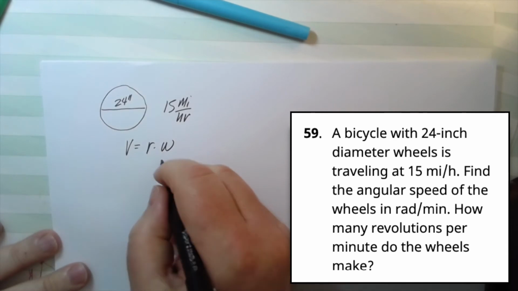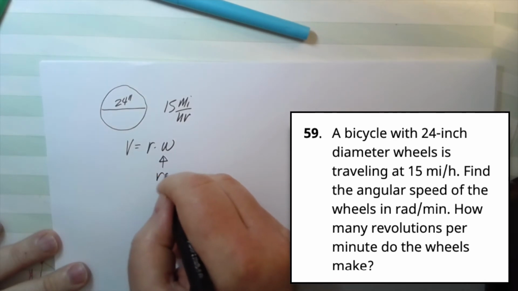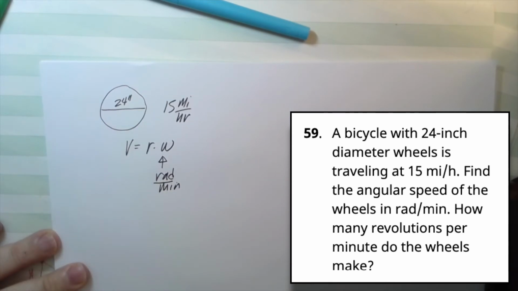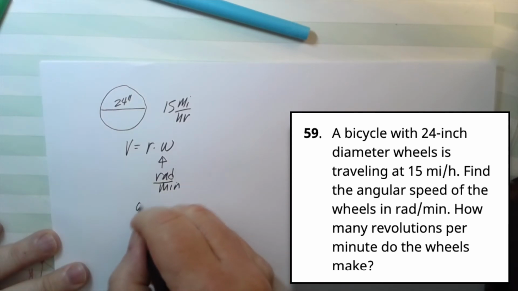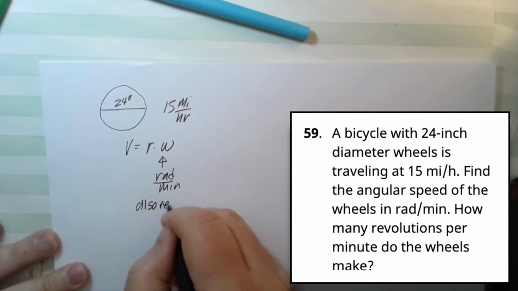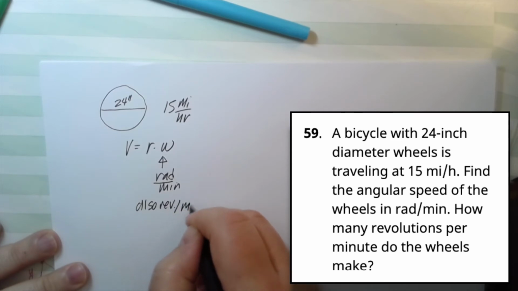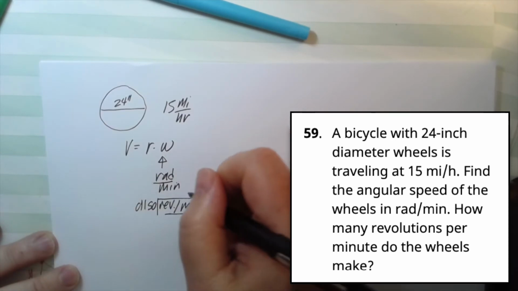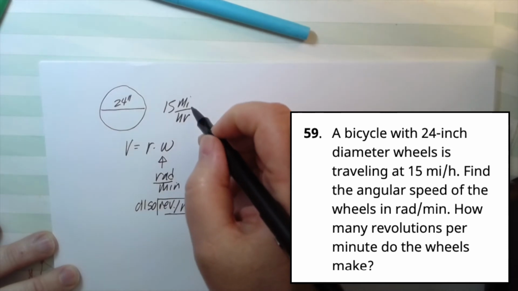So we want this answer to be in radians per minute, and it also asks for how many revolutions per minute, or rotations, do the wheels make.